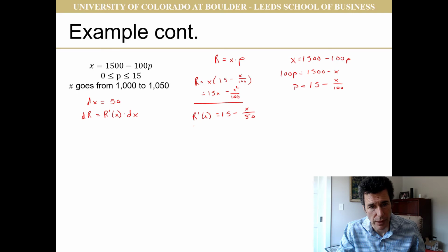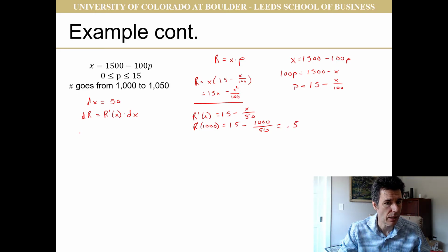Okay, we need r prime of 1,000, which is 15 minus 1,000 over 50, and 1,000 over 50 is 20. So 15 minus 20 is negative 5. Okay, so go back over here.